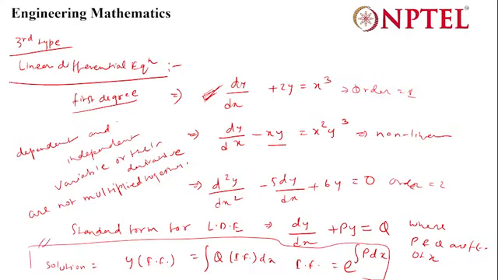Suppose one equation is there, dy by dx plus 2xy is equal to e to the power minus x square, and they have given one boundary condition, y at x is equal to 0 is equal to 1. Firstly, this is a form of linear differential equation, dy by dx plus py is equal to q.